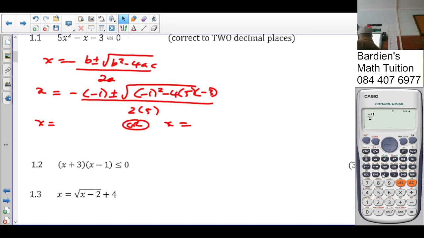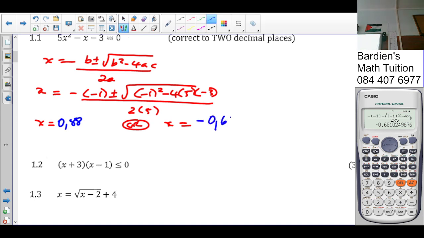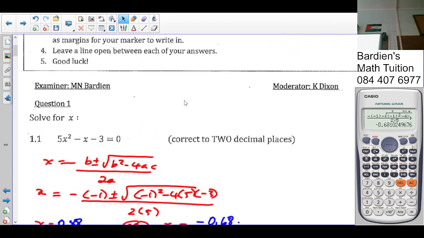So it's going to be negative, open brackets, negative 1 plus the square root of negative 1 squared minus 4 times a times c, over 2 times 5, which gives you 0,88, or that's a negative 0,6. Okay. So the question was for 2 decimal places.